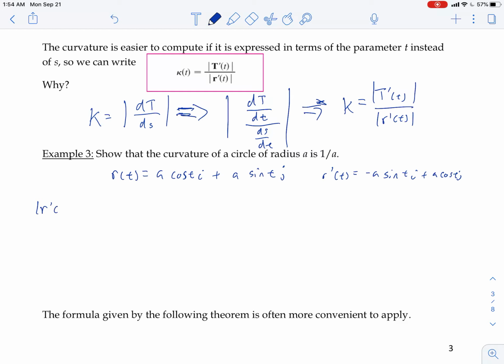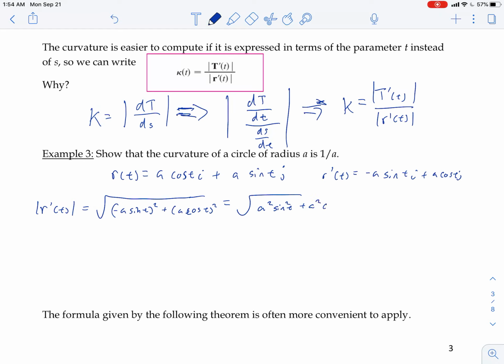So the magnitude of r prime of t is going to equal the square root of negative a sine t squared plus a cosine t squared.